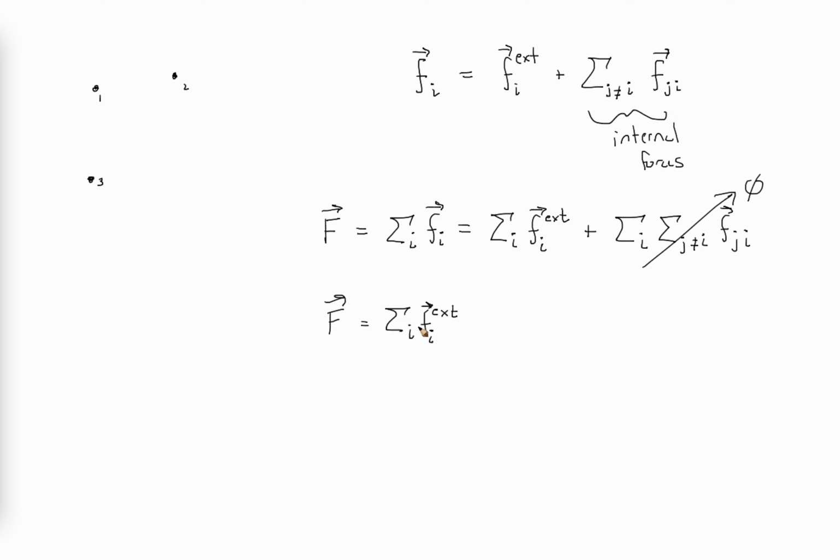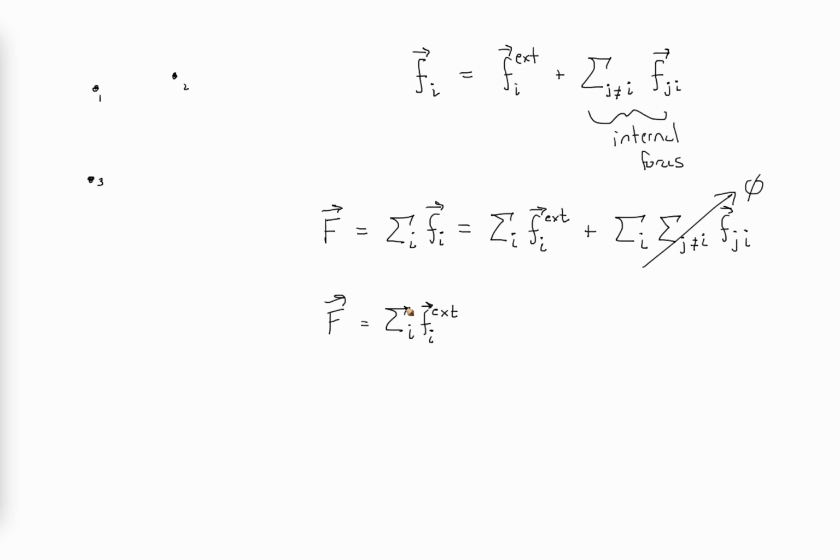And this is an amazing result. It says that if you know the external forces acting on your collection of particles, then you don't have to know anything about the internal forces because they all cancel each other out, so you don't have to worry about them.